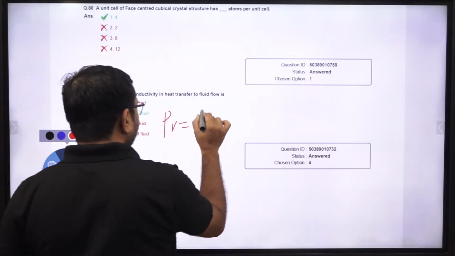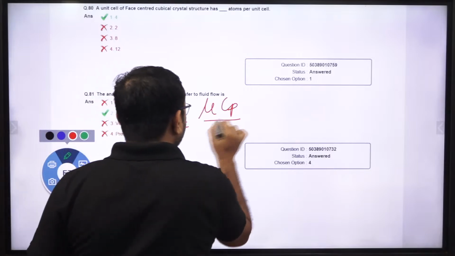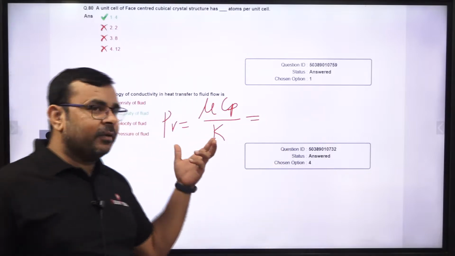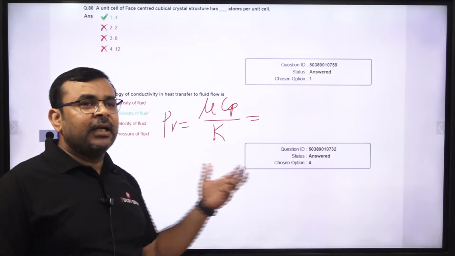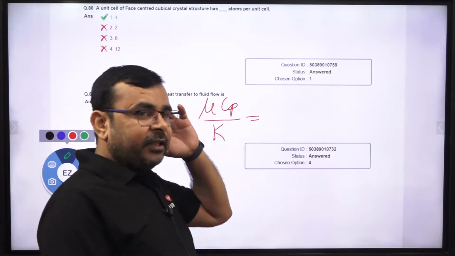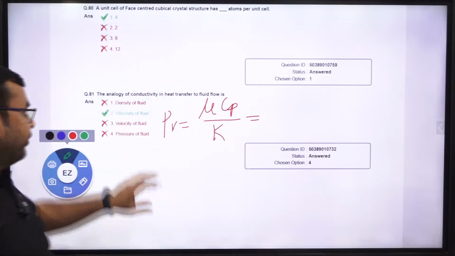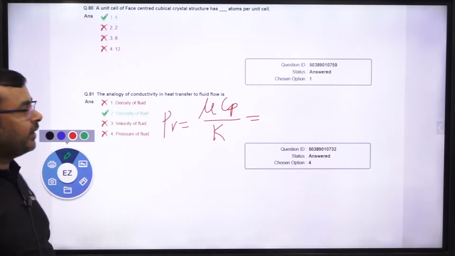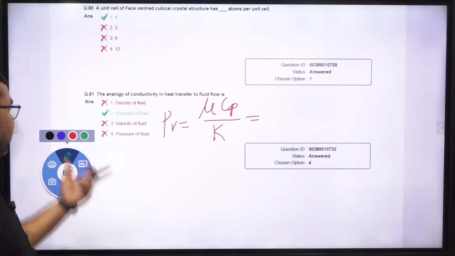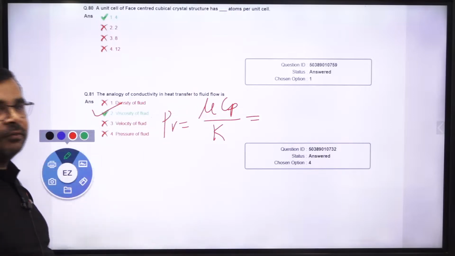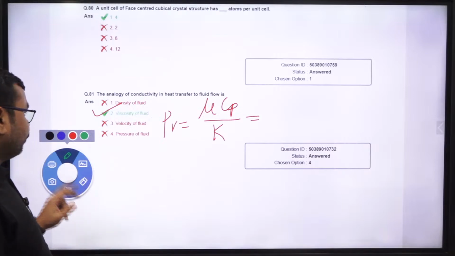Prandtl number is nothing but mu Cp by K. We get this relation from the ratio of momentum diffusivity to thermal diffusivity. So this number is used to make a relationship between heat transfer and fluid. So the viscosity is the right answer. Mu is the viscosity.